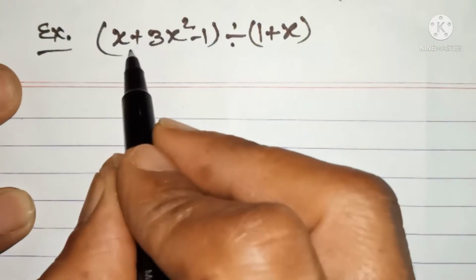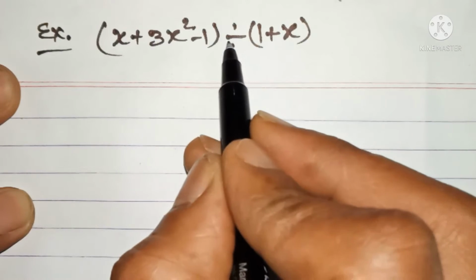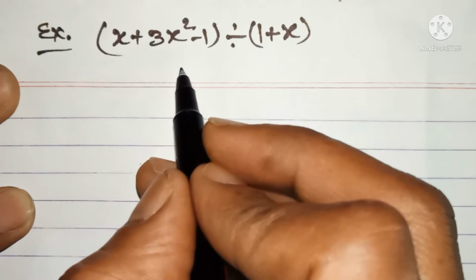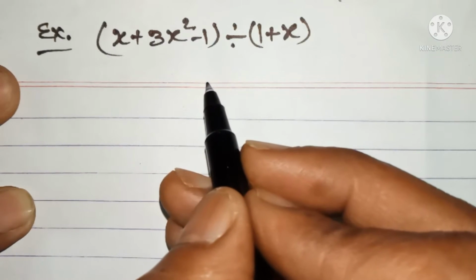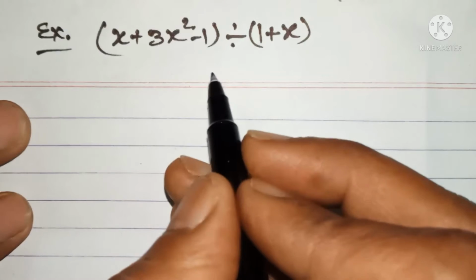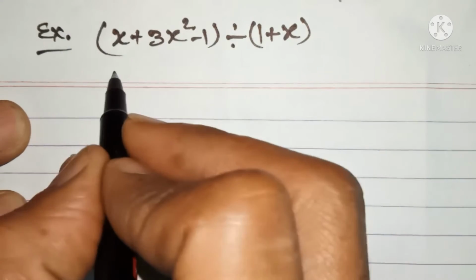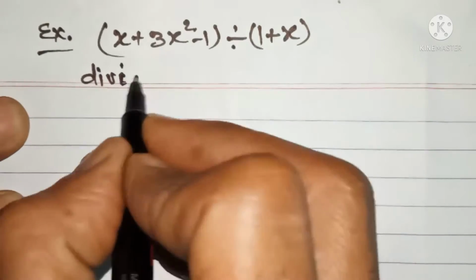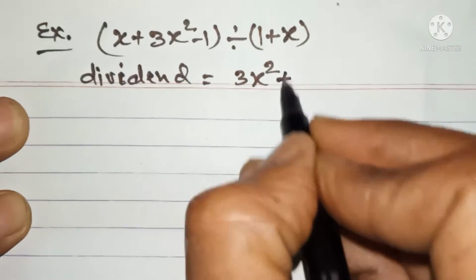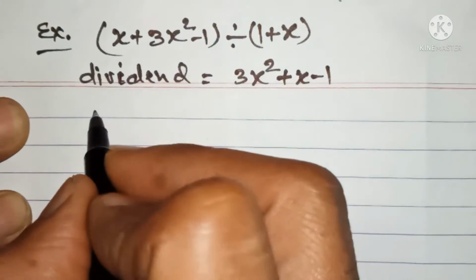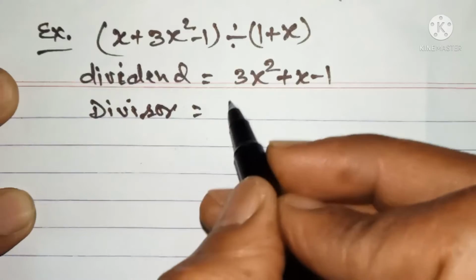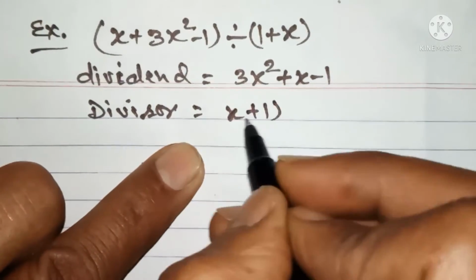Let us take the example x plus 3x square minus 1 divided by 1 plus x. Here the dividend and the divisor are not in standard form, so we have to arrange them in decreasing order of the degree of the variable. Then the dividend will be 3x square plus x minus 1, and the divisor will be x plus 1.